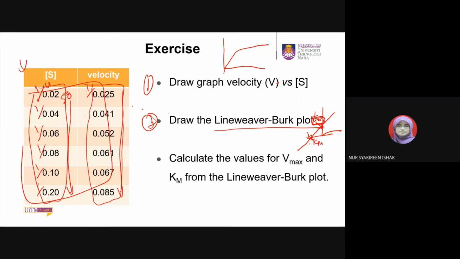Since the formula is negative 1 over Km, the negative sign will cancel out, so you get the value. Make sure you don't leave it as a whole number, make sure you write the unit. Same after you get the value for maximum velocity, you write the unit. What is the unit? It must be per time, so whatever time they give there.